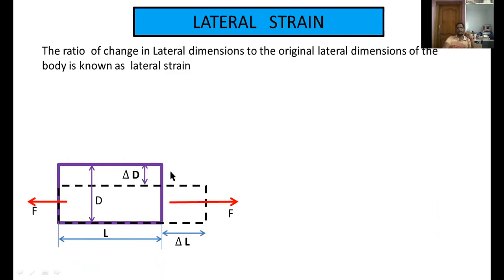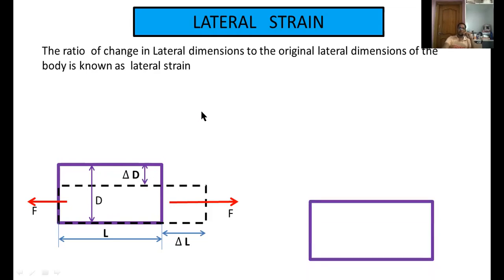So for the formula for lateral strain, here length is the linear dimension. Other than length is called lateral dimension. So here delta D and capital D is the lateral dimension. The change in dimension is called change in diameter, and the original dimension is called original diameter.